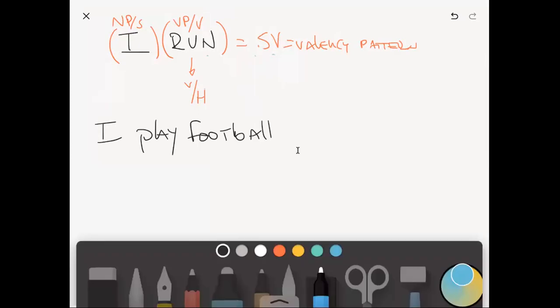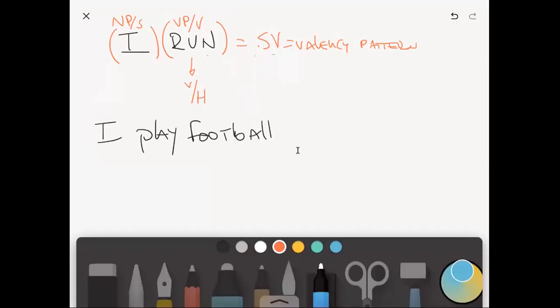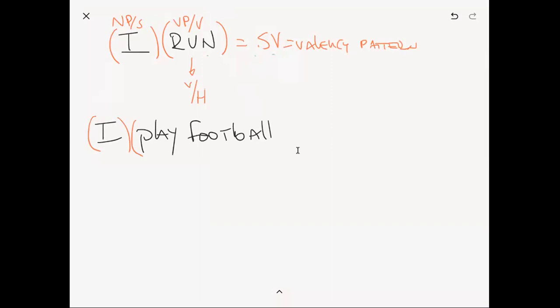If I say I play football, then clearly it is a clause, but this time it has three different phrases. And obviously the noun phrase subject, the verb phrase verb, and then another noun phrase. What do I play? I play football. So this is an object, right?